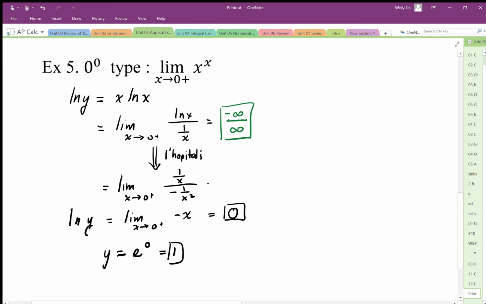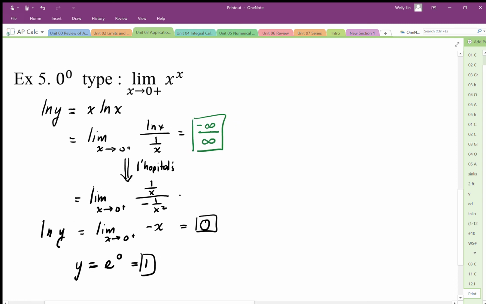So there's my limit. As x to the power x approaches 0, 0 to the power 0 essentially is 1, because it's tending towards 1. So what ends up happening here is the exponent, or the power, is more powerful than the base, and that's probably why they call it the power.